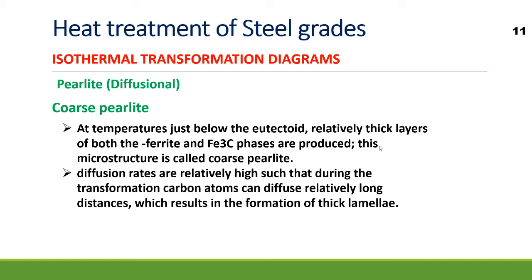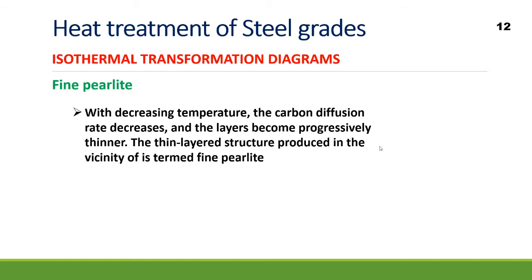Hence, you will get thick lamellae of ferrite and cementite phases, which gives you coarse pearlite. And one more thing I want to mention: depending on the lamellae thickness, the microstructure will change, and the mechanical property will also change. We will discuss going forward what kind of mechanical property it will show.